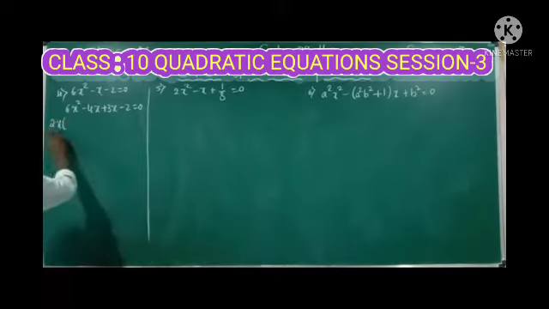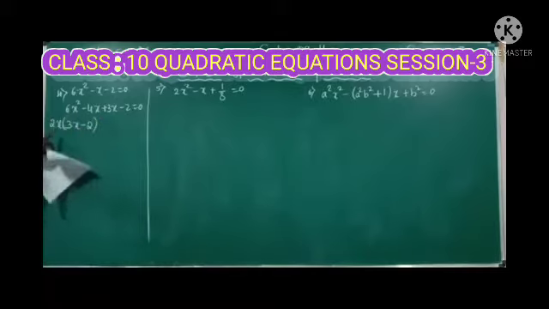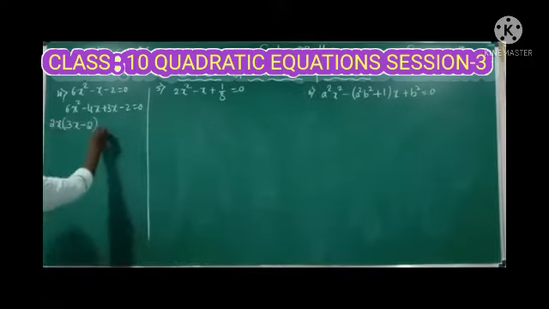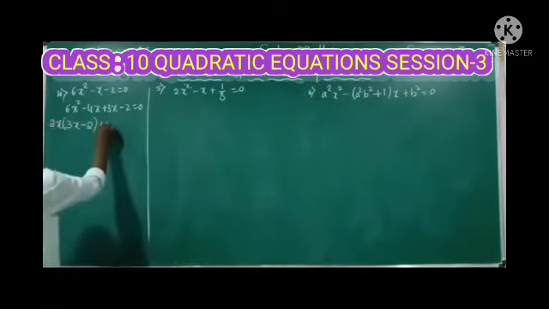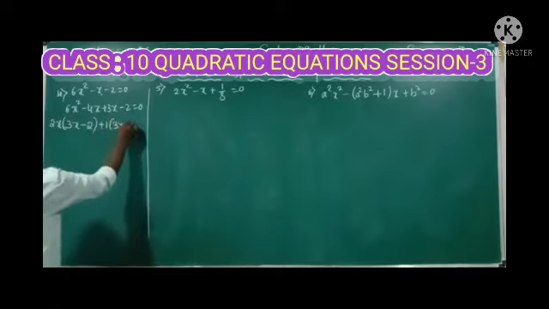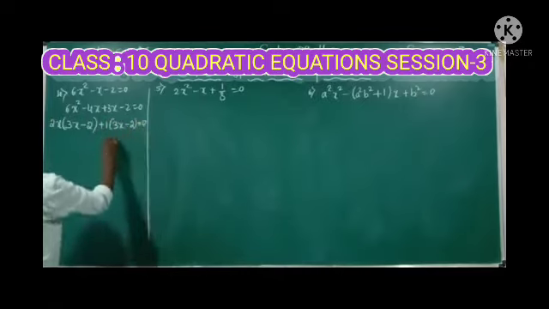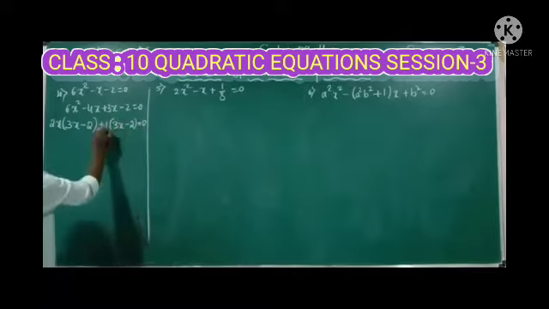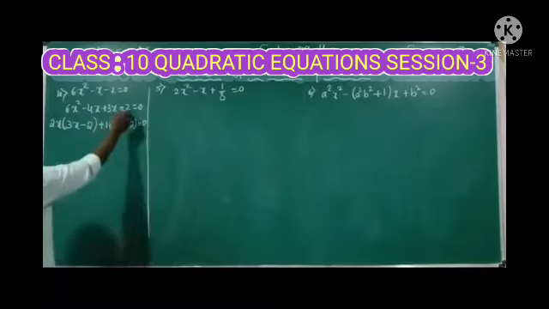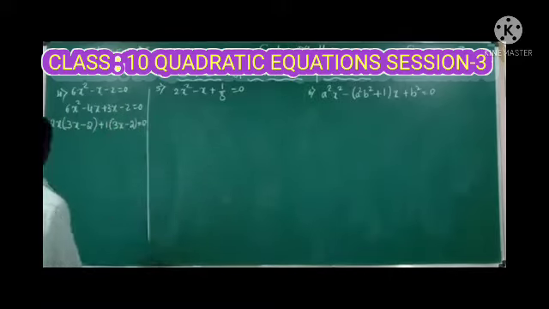Once we take 2x as common, 2 3s are 6, x into x is x square, minus 2: 2 into 2 is 4, negative sign as it is, remaining x as it is. Next one, plus 1, 3x minus 2 is equal to 0. 1 into 3x is 3x, 1 into minus 2 is minus 2.